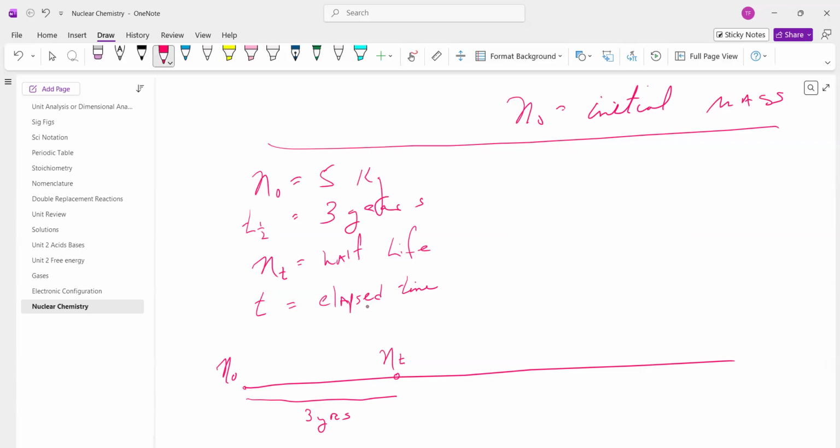We're starting with 5 kilograms. What is our mass after 3 years? Half, right? Yes, 2.5 kilograms. And this is 1 half-life right here.